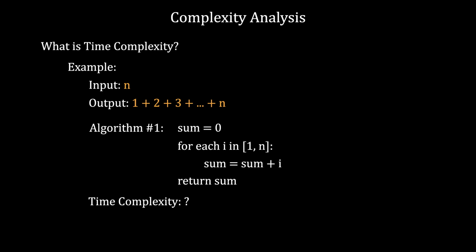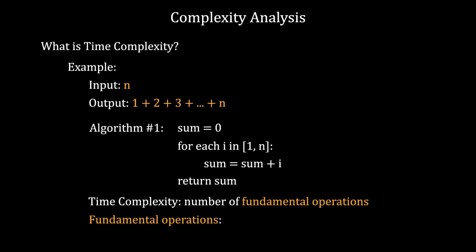Now it's time for the simplest and most important thing that you should know about time complexity. Time complexity depends strictly on the number of fundamental operations that some algorithm does. That's it. All we have to do is count how many fundamental operations are performed in total by the algorithm until it finishes execution. The fundamental operations are the ones that we consider don't take a significant amount of time to perform.